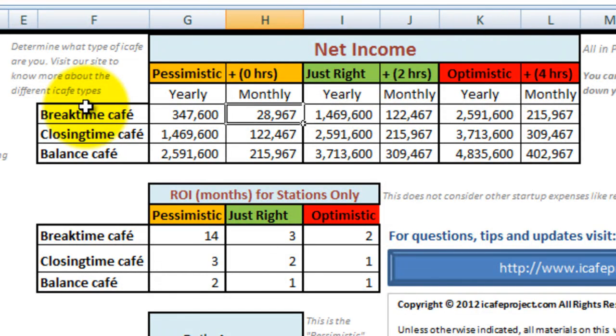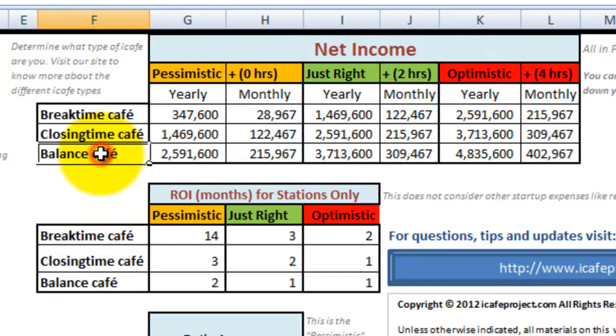Okay, closing time cafes are generally those internet cafes that are located in residential areas wherein your main customers are coming from schools, from companies, after the students' class and or after the employees have finished their work, they go home and relax in your internet cafe. Okay, that is closing time cafe. Okay.